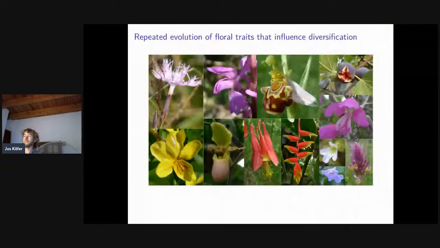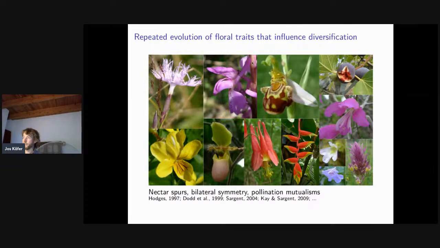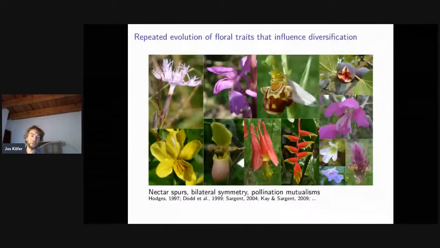What we can test is how several floral traits influence diversification. So there has been some research on this, and indeed it seems that nectar spurs, like the ones you can see here or here in Aquilegia, bilateral symmetry, like here or in these orchid flowers as well, viola as well, and pollination mutualisms, like in the fig, did increase diversification of the groups where they arose.